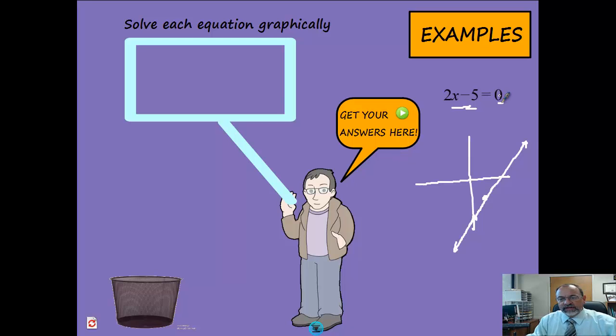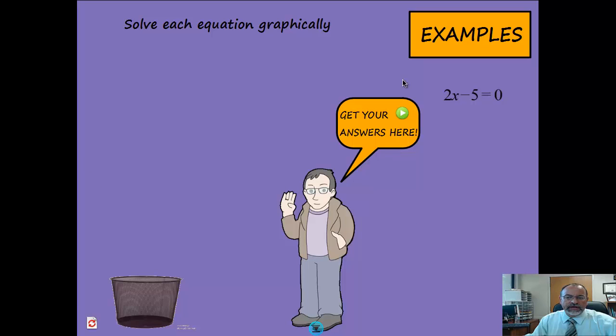So what would make the y value 0? That's going to be on the x-axis. It's going to be this point right here. So on your calculator, in this case, because this is 0, you want to use the 0 function. And we'll do a short demonstration in class to show you how to do that. So if you're not sure how to do that on your calculator, then check with us in class and we'll straighten that out or help you with that.